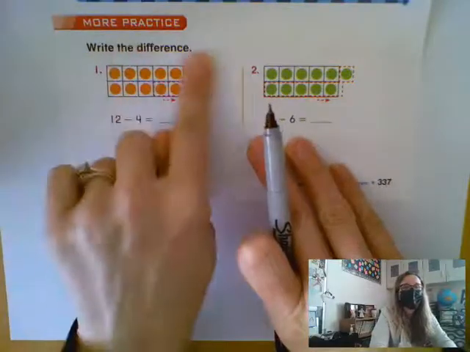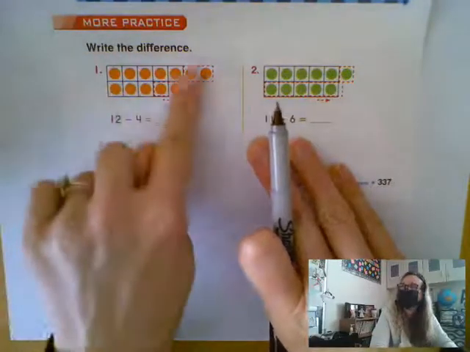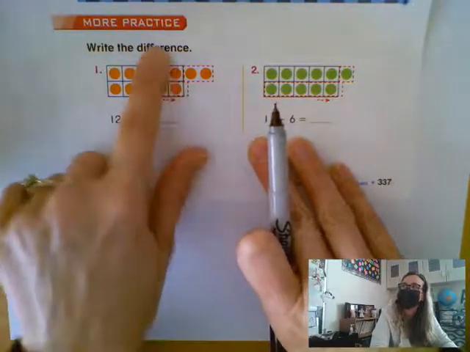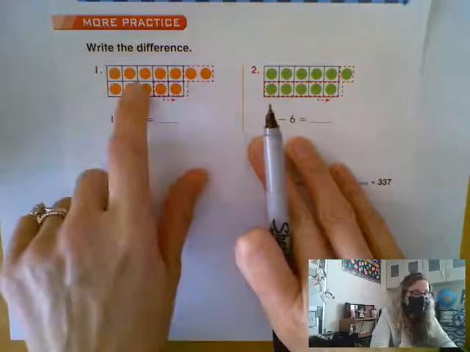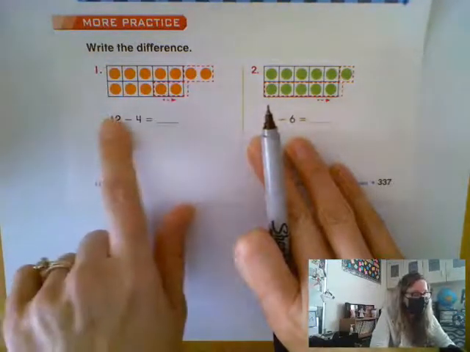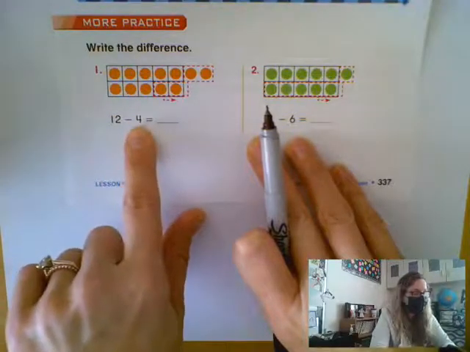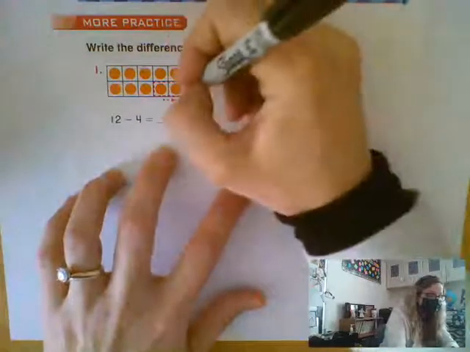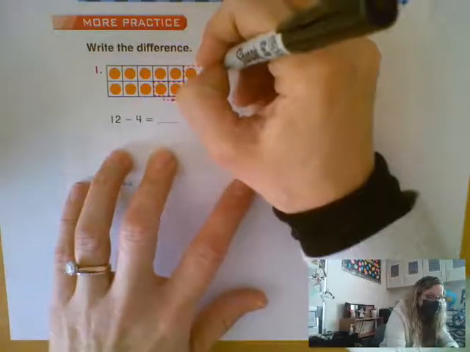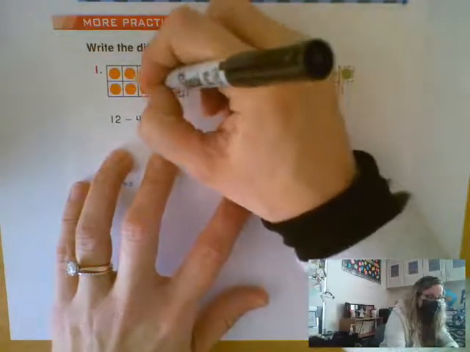Number 1 says 12 minus 4. So if you look here, Brooklyn, at what they've drawn, to get 12, they have a full 10 frame. You see the full 10 frame? And then 2 more. Because 12 is a 10 and 2 ones. And then it says minus 4. Take away 4. So they've put a box around 4. 1, 2, 3, 4.